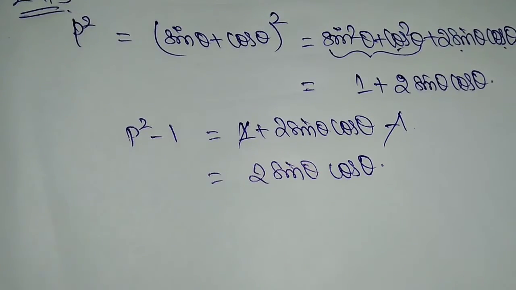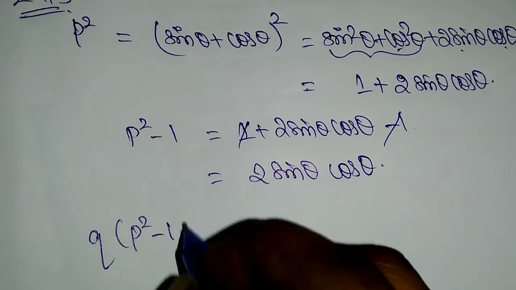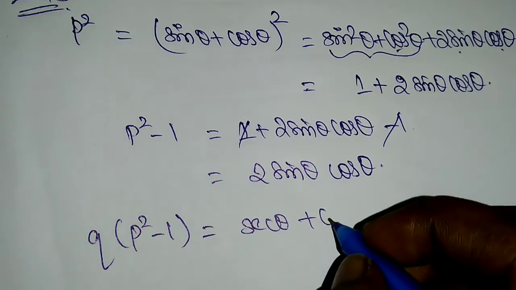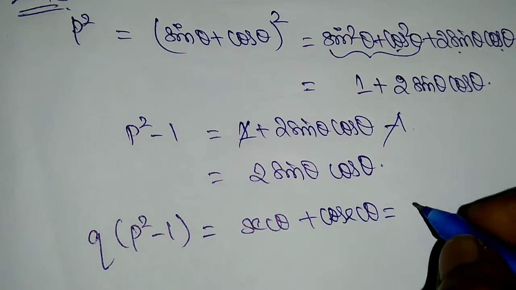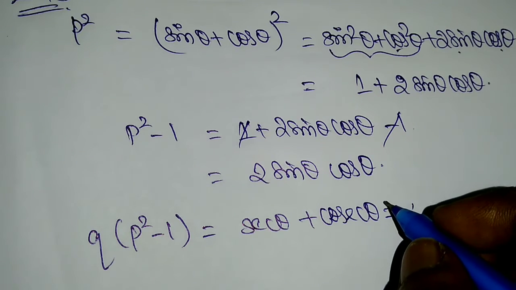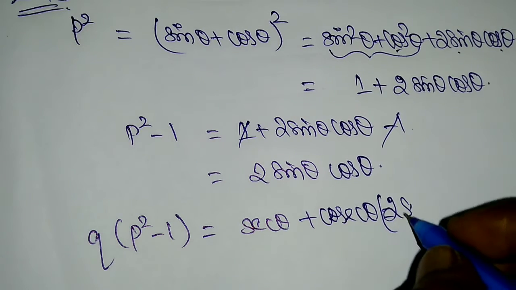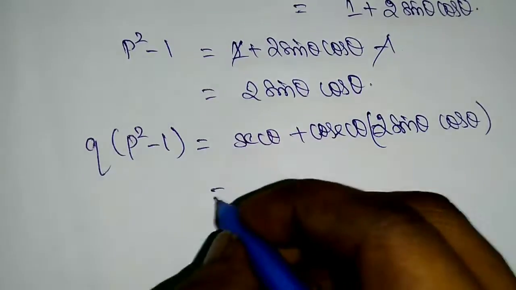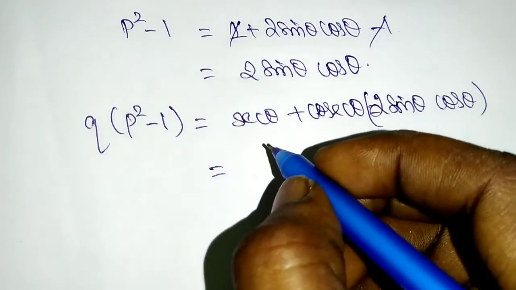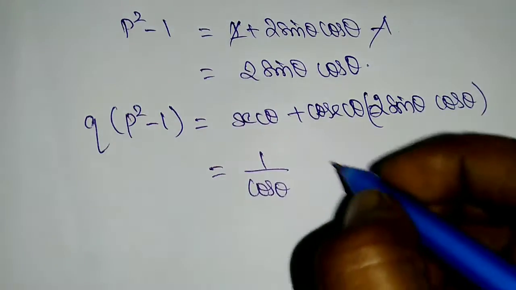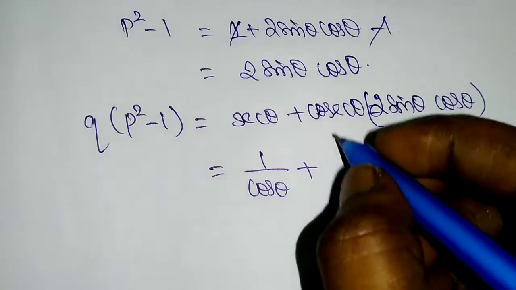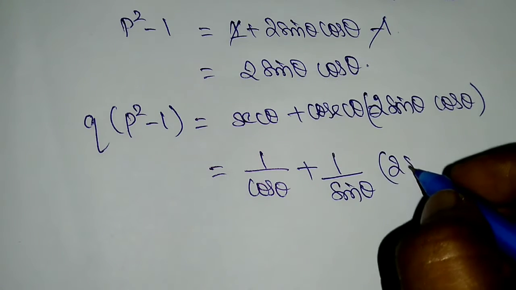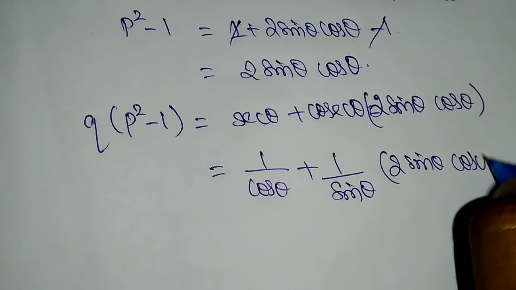Now we have to find Q into (P square minus 1). Here Q is secant theta plus cosecant theta, into 2 into sin theta into cos theta. Here secant theta is 1 by cos theta plus cosecant theta is 1 by sin theta, into 2 into sin theta into cos theta.